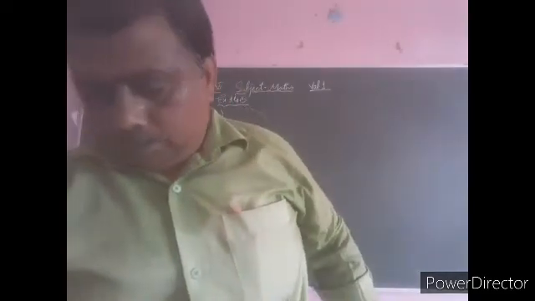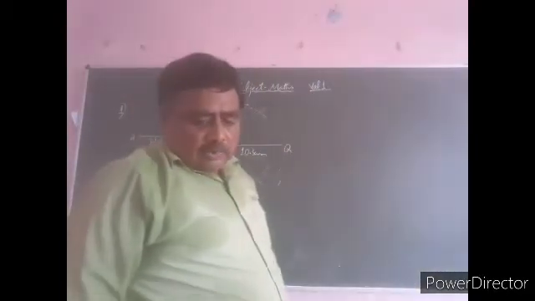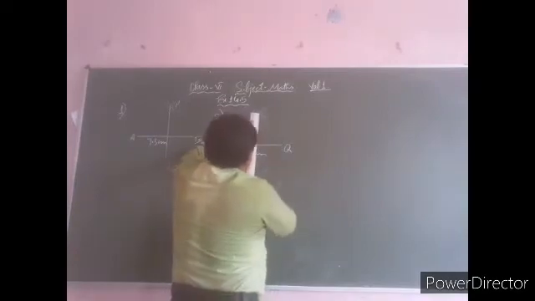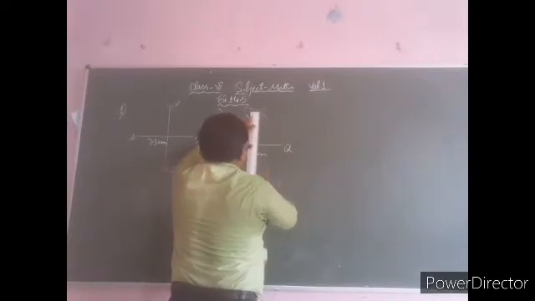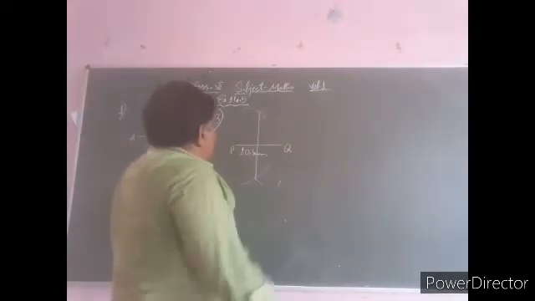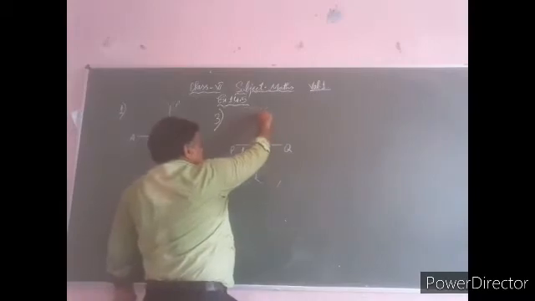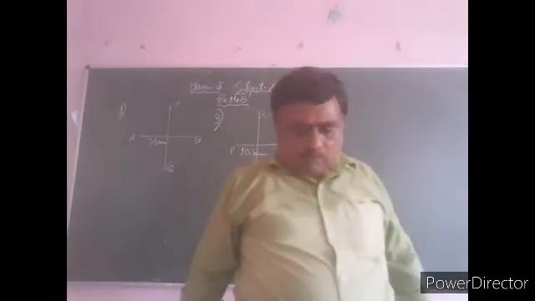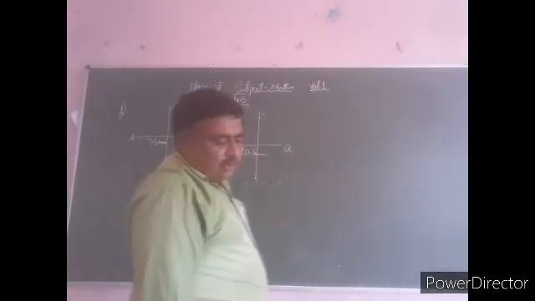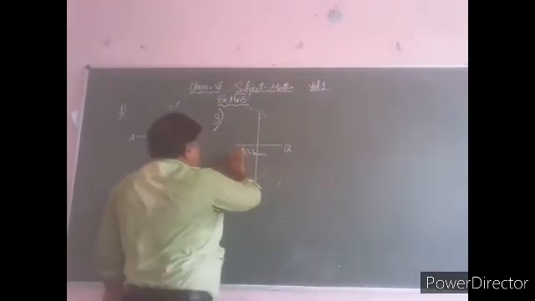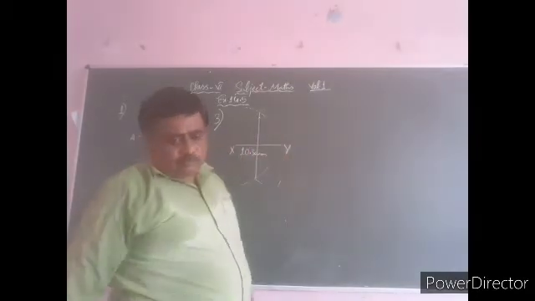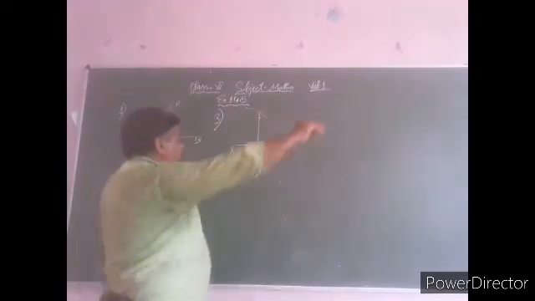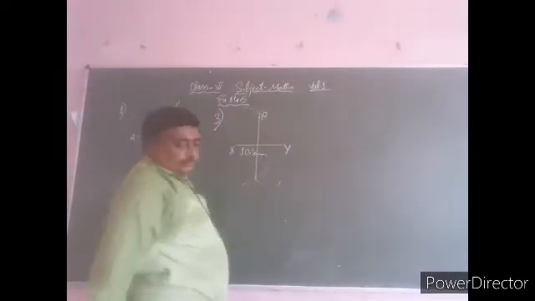So join these points. Take a point P. Here this is X. This is Y. XY. The point P is taken on it.